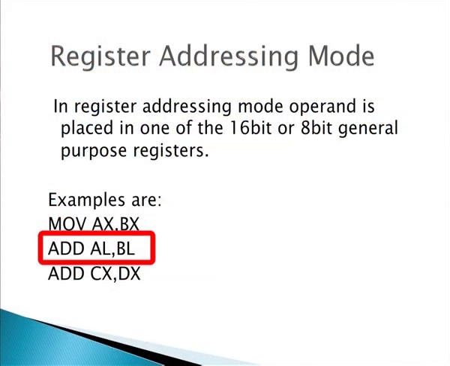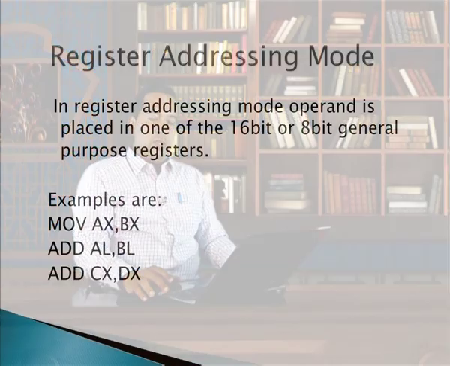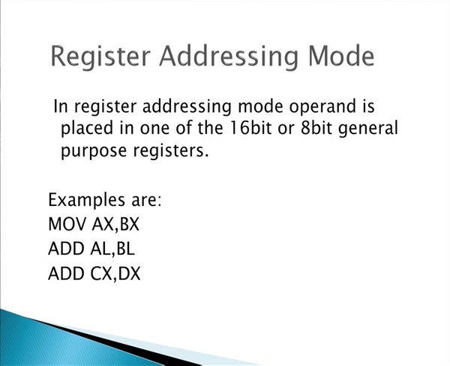Here ADD AL, BL means the contents of registers AL and BL will be added and the result will be stored in AL. Again, the addressing mode is register because the operand lies within the registers. So, register addressing mode purely means the operand lies within the registers.